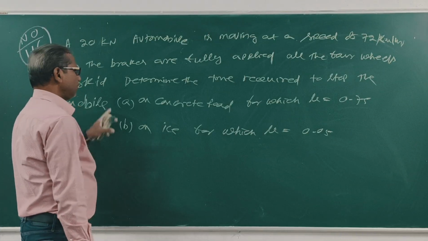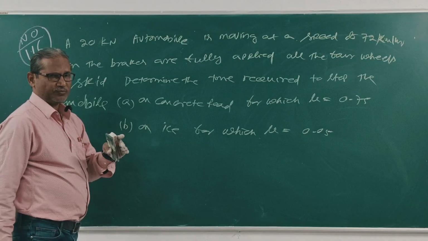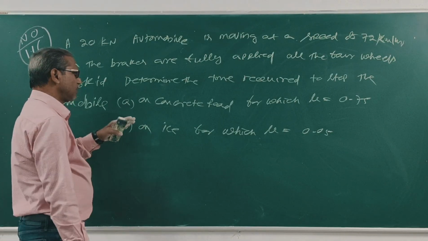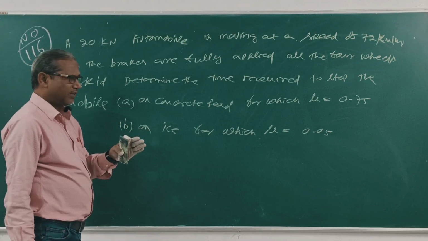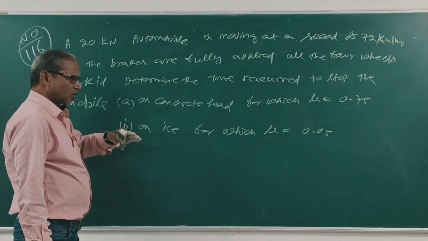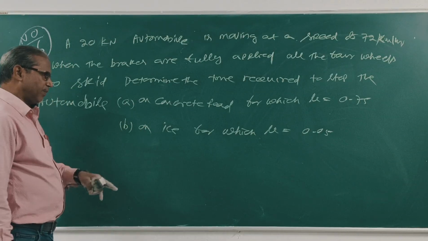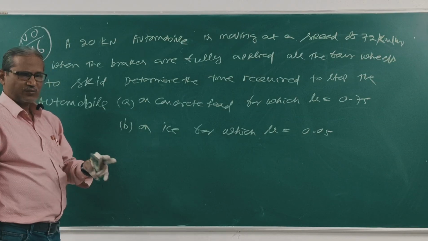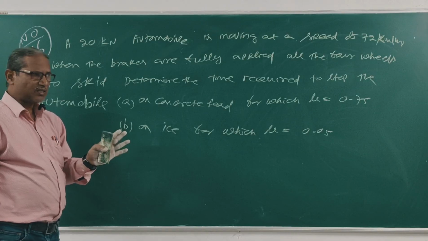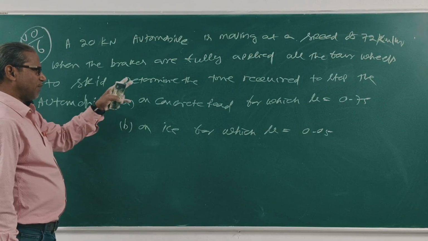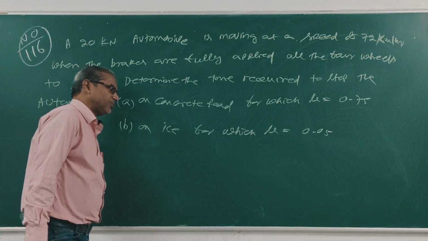When the brakes are fully applied, all four wheels skid. Determine the time required to stop the automobile. Number 1, on a concrete road for which mu is equal to 0.75. Number 2, on ice for which mu is equal to 0.05. In both cases, we will find out the time required to stop the automobile. Clear? First draw the figure.